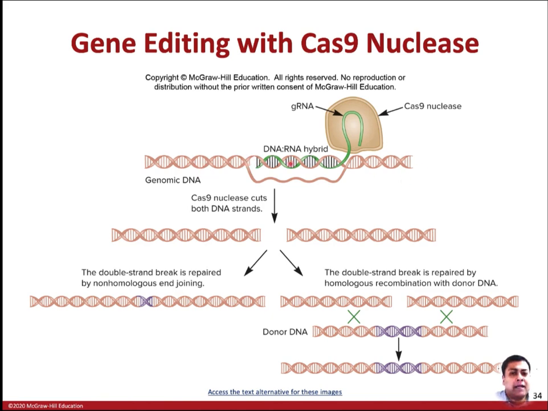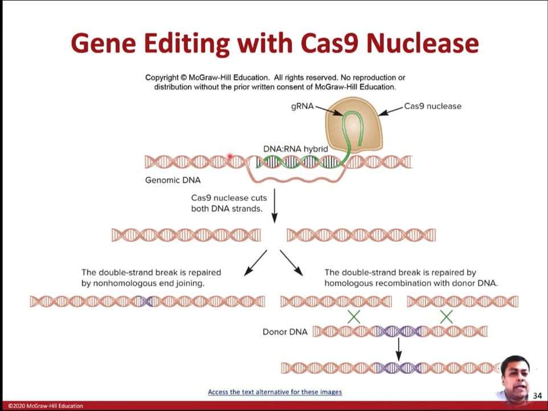Again, repeating, this is the sequence you choose for your guide RNA, and here you have a 5' flanking sequence and a 3' flanking sequence. You introduce a donor DNA, the piece you want to introduce where this cut will be.